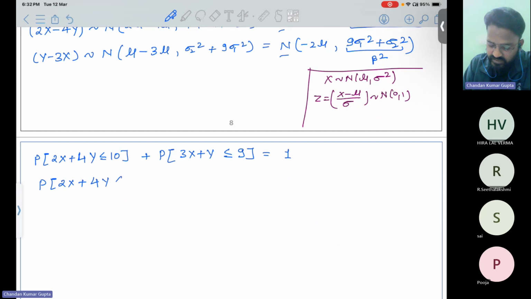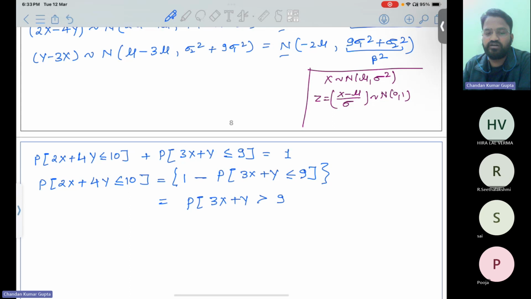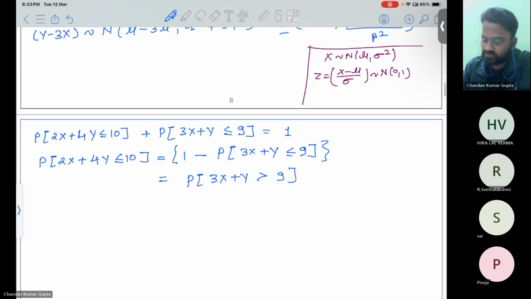Now this quantity can be written as the probability that 3x plus y is greater than 9, because it is complementary. So we can write this equal to this.